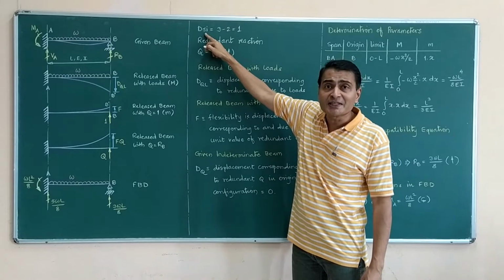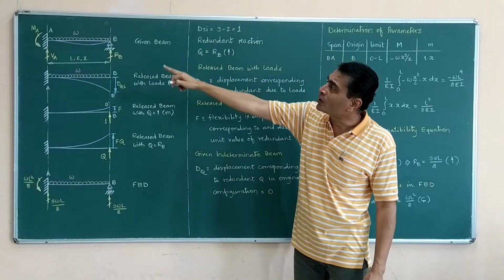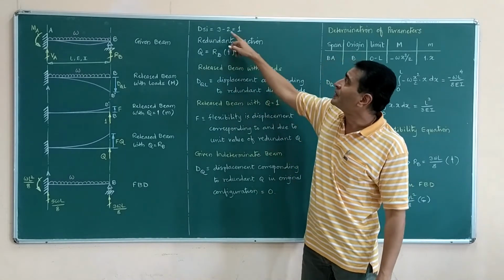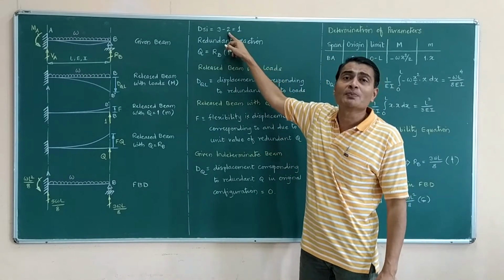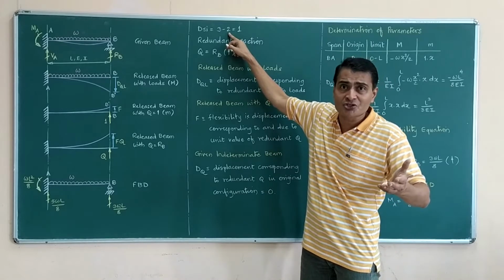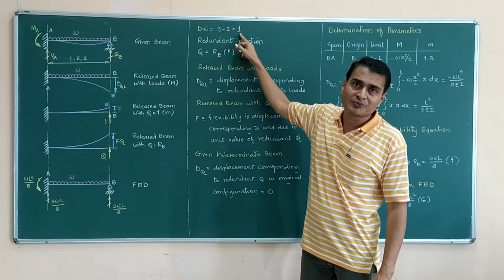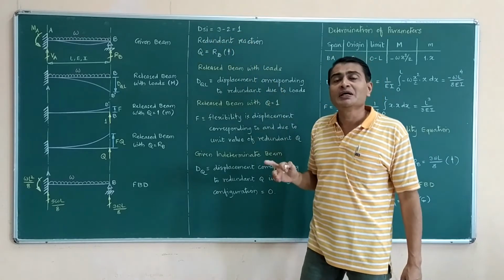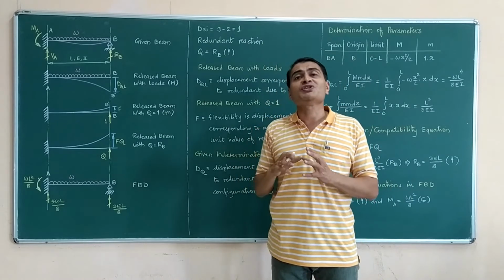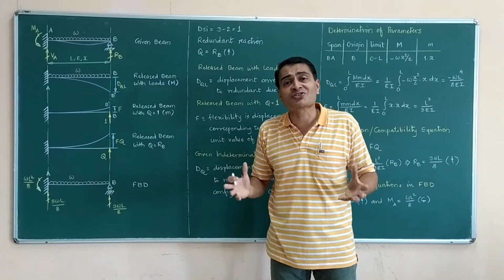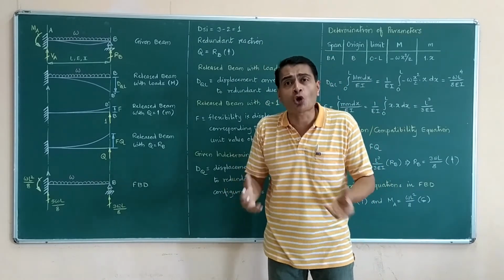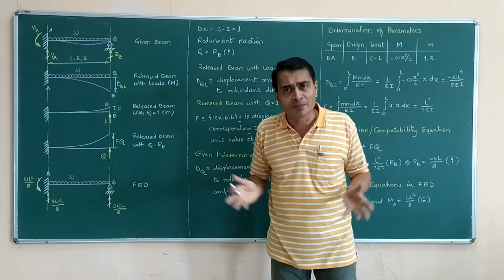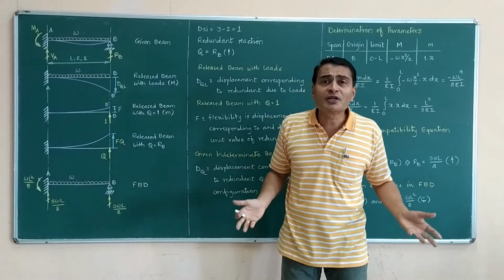Degree of static indeterminacy is equal to unknown support reactions 3 minus available equations of equilibrium 2, as I discussed just now, is equal to 1. That is, degree of static indeterminacy is 1. There is one reaction which is redundant, which is unnecessary, additional, extra, in absence of which also there could have been equilibrium. Which one is redundant?